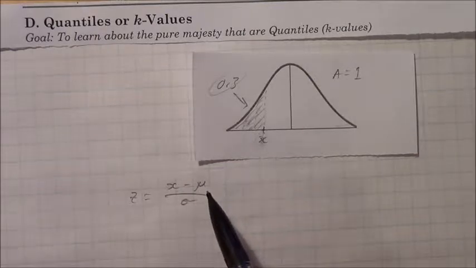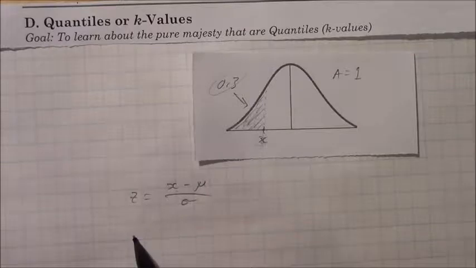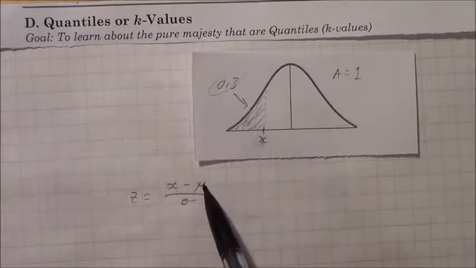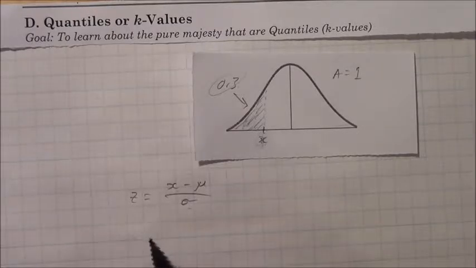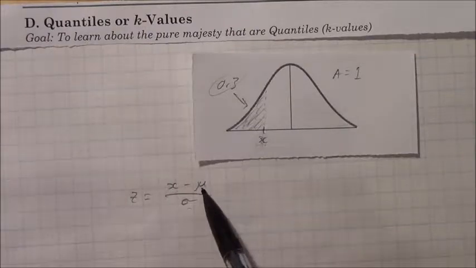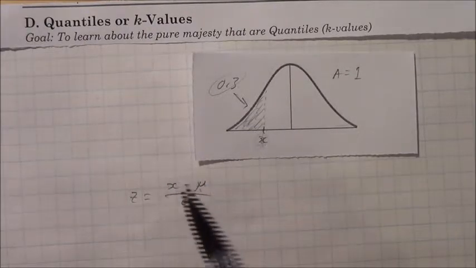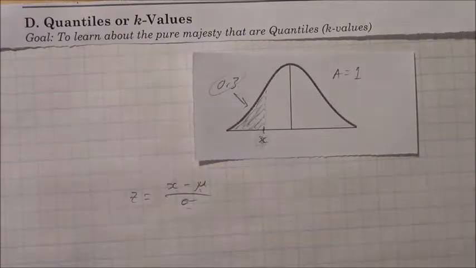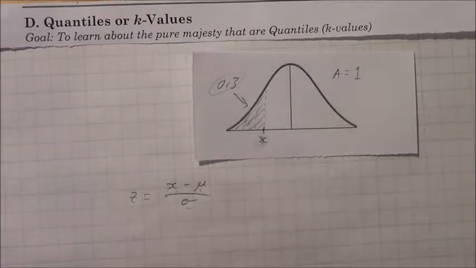We could compare somebody's mark in a physics class, where the class has an average mu and a standard deviation sigma, to a math class with a different mean and a different standard deviation, and see how the student compares in both classes. Okay, so that's what we were looking at in 24C.